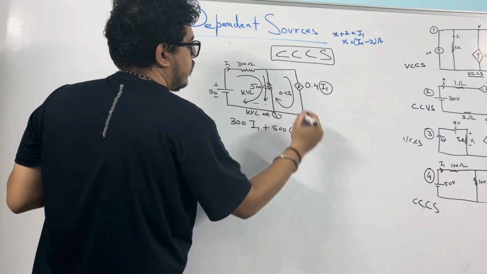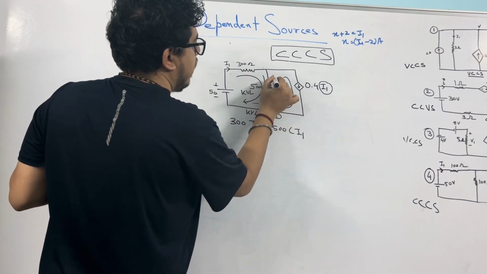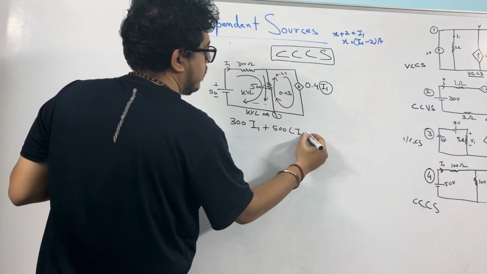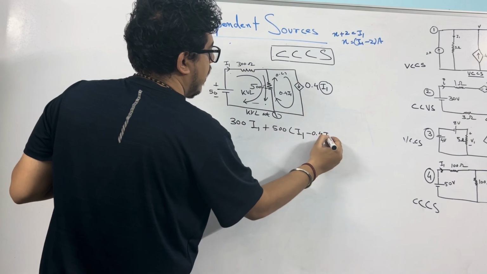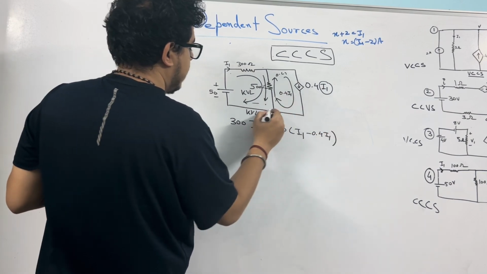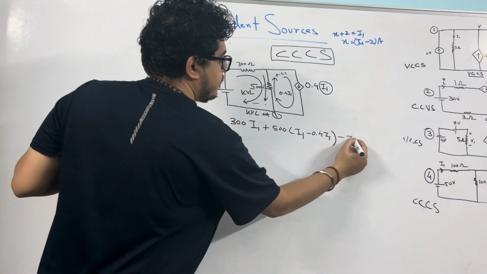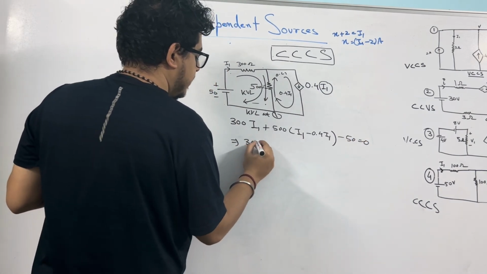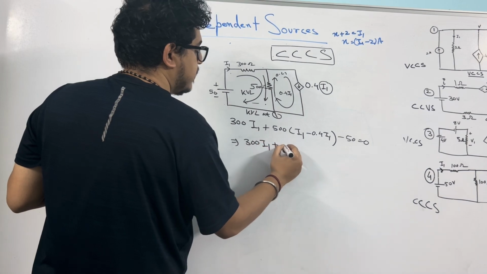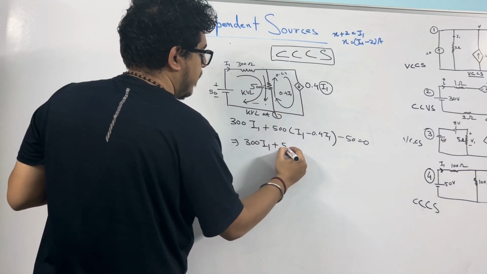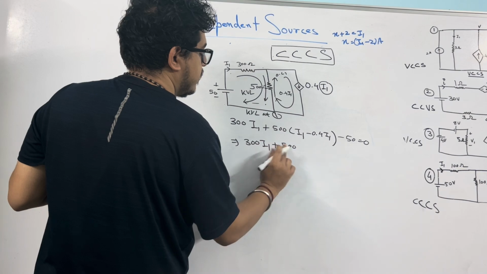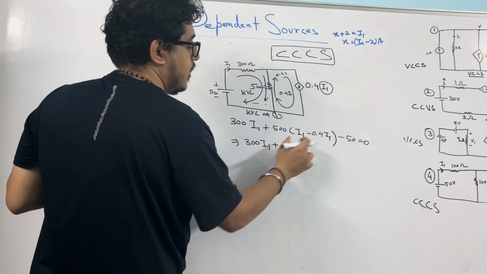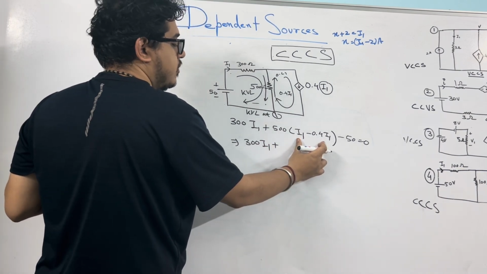Here I1 is flowing, and in the opposite direction 0.4 I1 is flowing, minus 0.4 I1. Now coming to this one, minus 50. So I can say 300 I1 plus 500 I1 minus 0.4 I1 can be written with 0.6.